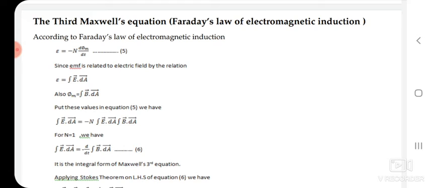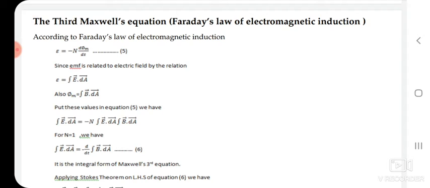If we substitute the EMF value and phi value in equation 5, therefore equation 5 becomes integration of E dot dl is equal to minus n d by dt integration of B dot dA. Sorry, it is a printing mistake.